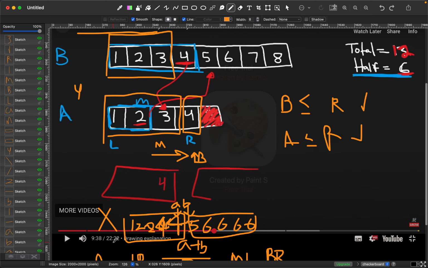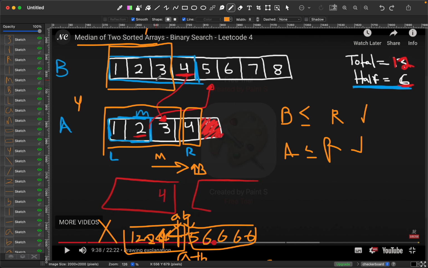So from operation X, let's transfer to operation Y. We need the max of our left box. So basically, the new left box will be 3 plus 3 divided by 2.